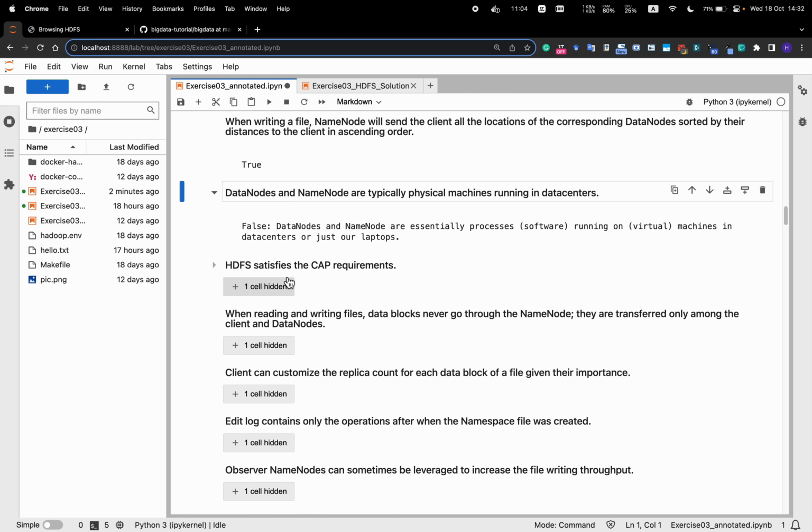Question? So that means that any data node can run on any machine. Like I can become a data node on my computer. Exactly. And you will be becoming a data node soon in a later exercise. Can you have multiple data nodes on one machine? Yes, you can. In a virtualized environment, you can have multiple isolated processes, each of which will have its own file hierarchy, because you are containerized in that case.